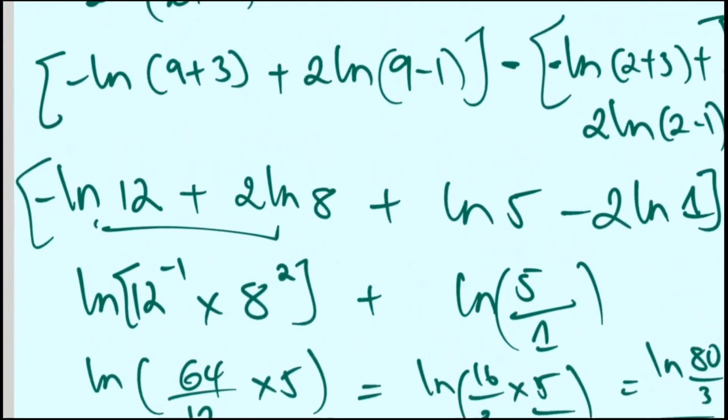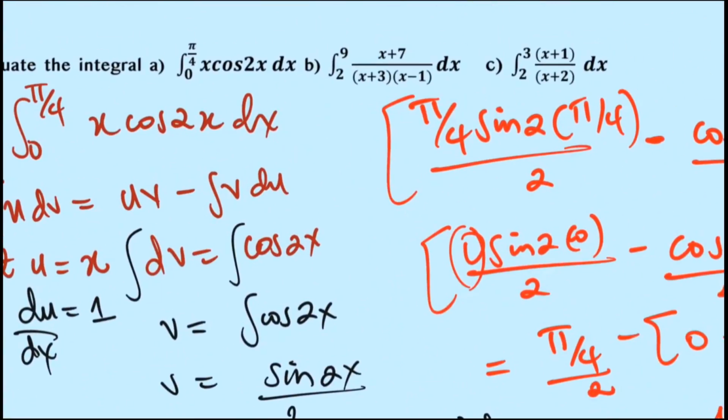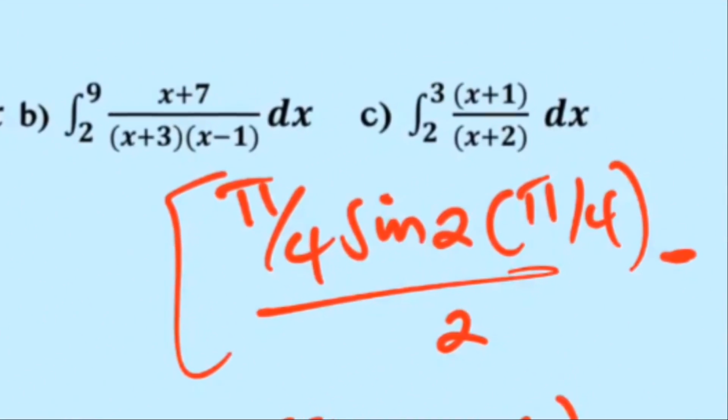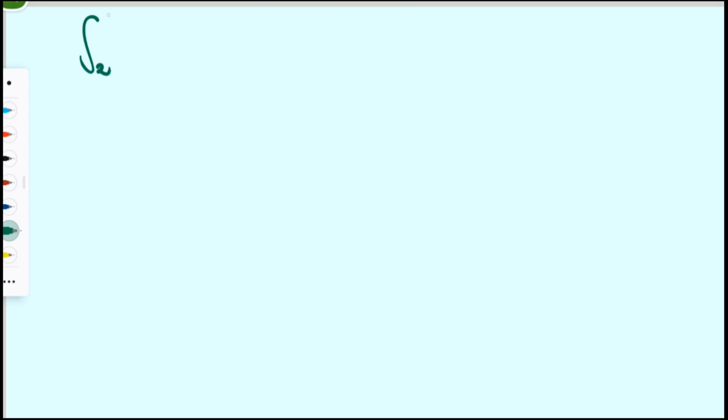The last question, last section, was to integrate x plus 1 over x plus 2 with intervals 3 and 2, dx. We see that the numerator and the denominator have the same degree. So what do we do? We have to do long division, algebraic division.